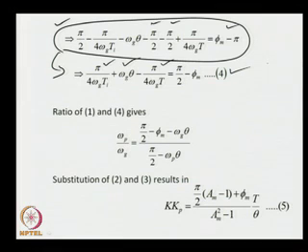Now, the ratio of equation 1 and equation 4 gives us omega p upon omega g equal to (pi by 2 minus phi m minus omega g theta) upon (pi by 2 minus omega p theta).